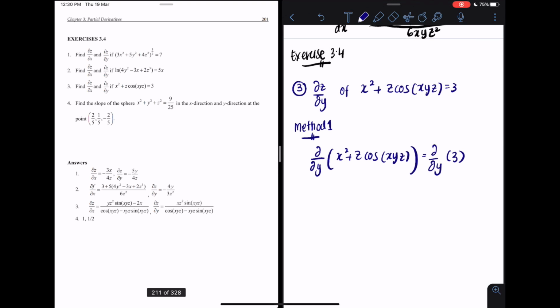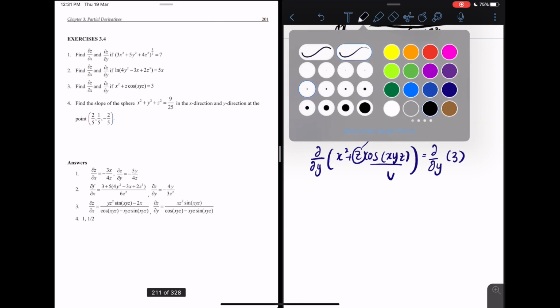And z is a function written in terms of variable x and y. So in this case, you have to apply product rule, which is uv prime plus vu prime. So in this case, we call this one as u and we call this one as v. Then what should I do?